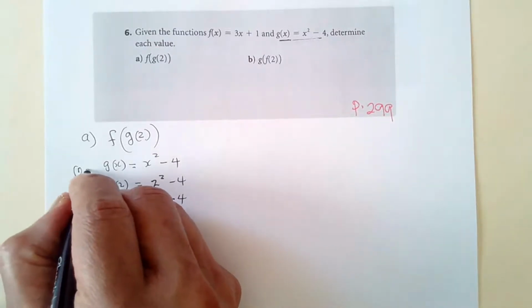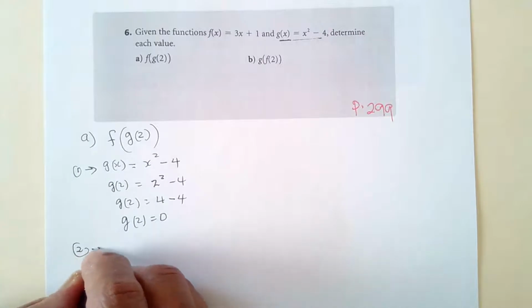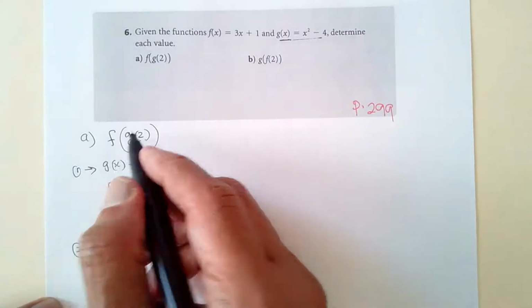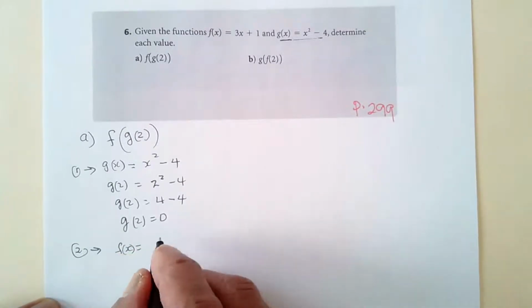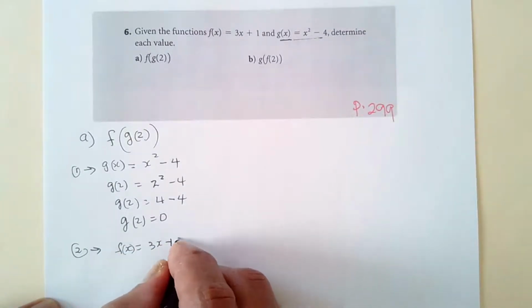That's step 1. Now step 2, I'm going to go to f of x now. So f of x is equal to 3x plus 1.